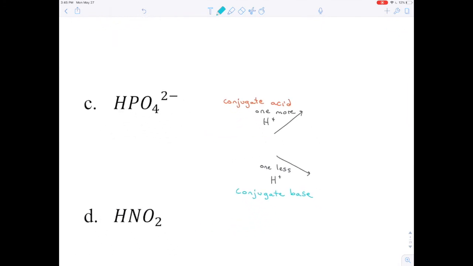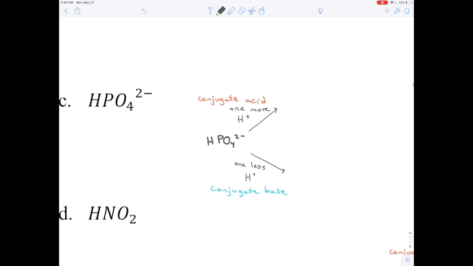Okay, let's try with this next molecule, HPO4 2 minus. Alright, so first let's try to find the conjugate acid. We're going to do that by adding an H and adding a plus to the charge. HPO4 2 minus starts with just one H, because no number is written at the bottom right of that. If you add 1 to that, then you'd have 2. The rest of the molecule stays the same.